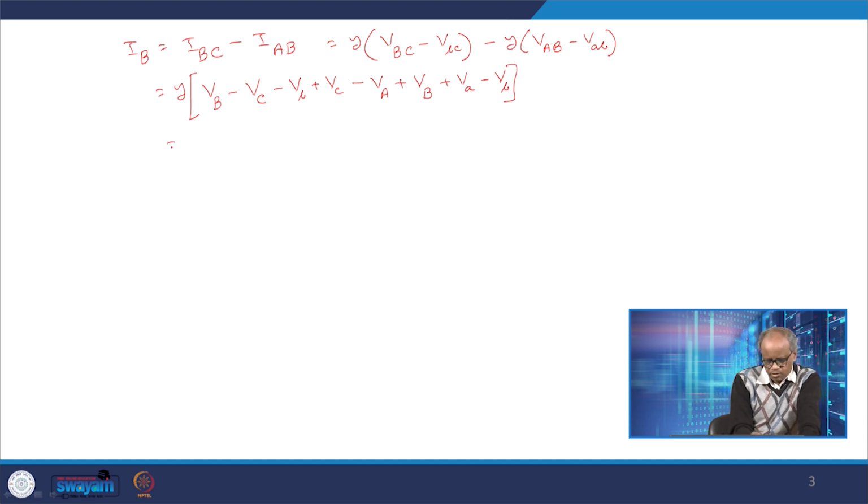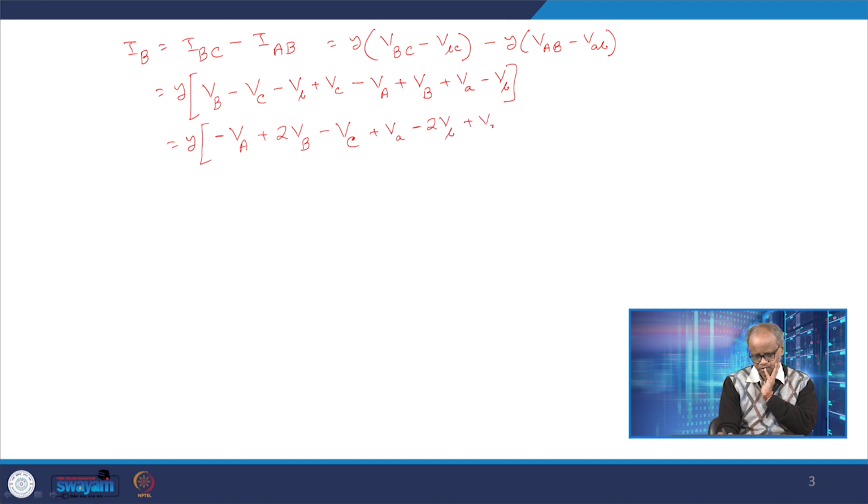So this becomes Y into minus VA plus 2VB minus V capital C plus VA, then minus 2VB plus VC. So this is equation 2.